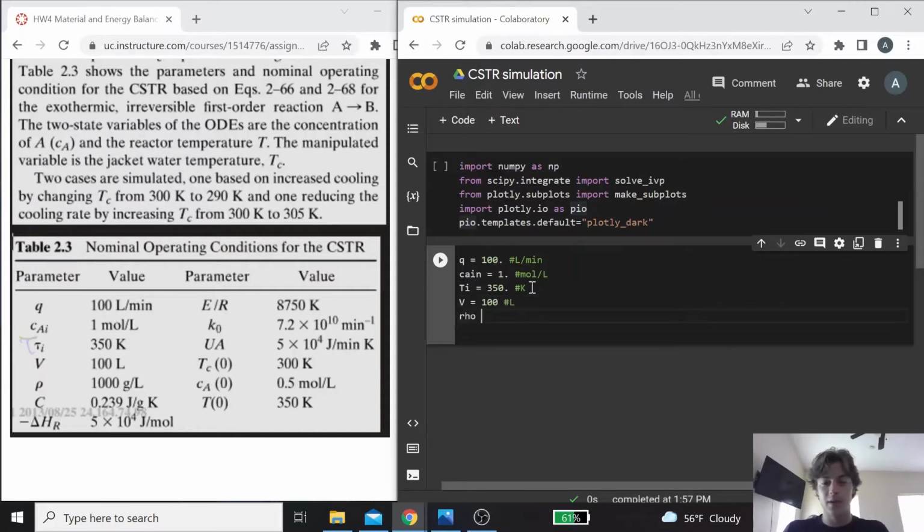The density is 1,000 grams per liter. The specific heat is 0.239 joules per gram Kelvin.